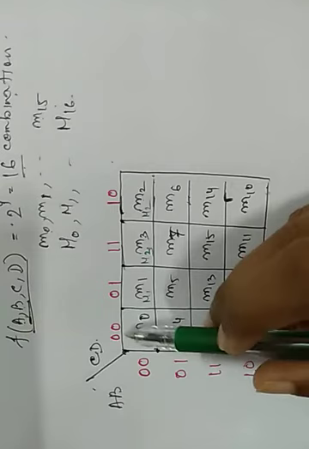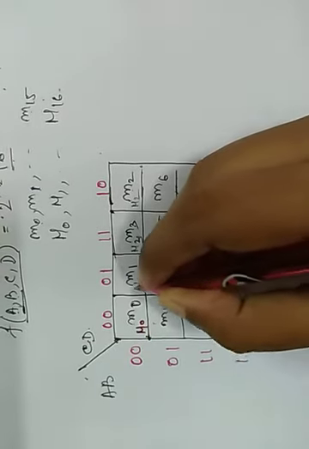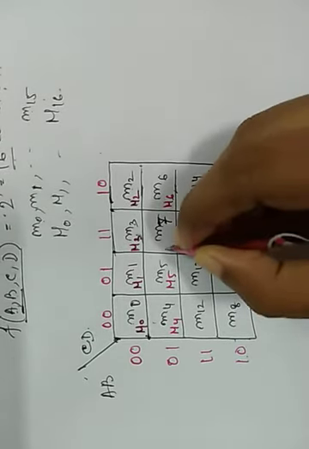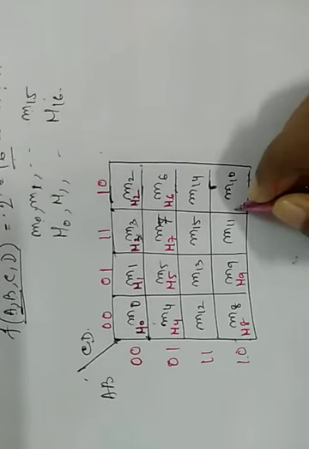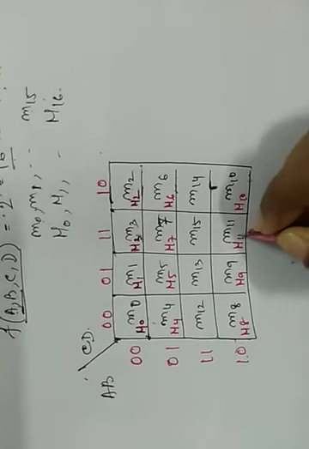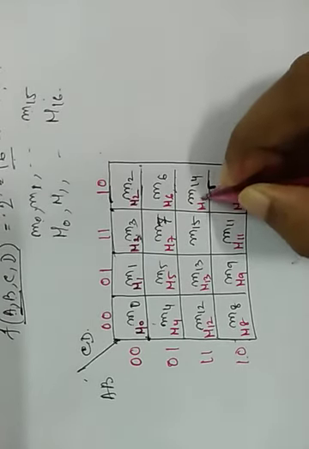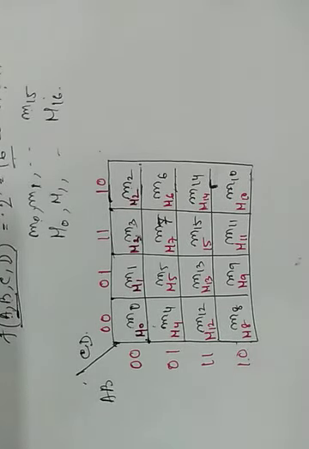If we consider maxterm values, then also it is M0, M1, M3, M2, M4, M5, M7, M6, M8, M9, M10, M11, M12, M13, M14, M15. For maxterm values also the positions are the same.